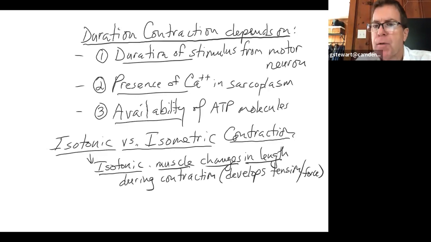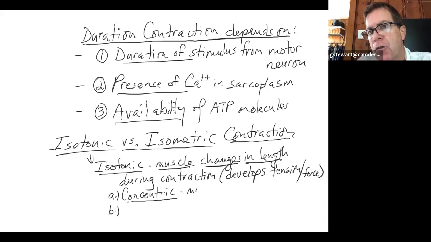There's two different types of isotonic contractions. I'm just going to list them. I don't have room to write the definitions out, but I'm going to list them and I will state their definitions for you. A concentric isotonic contraction is when the muscle length shortens.